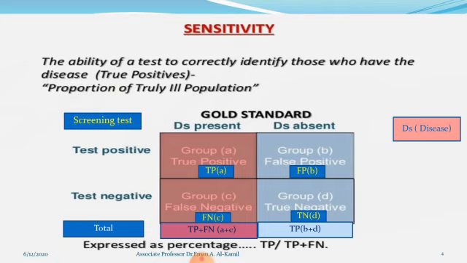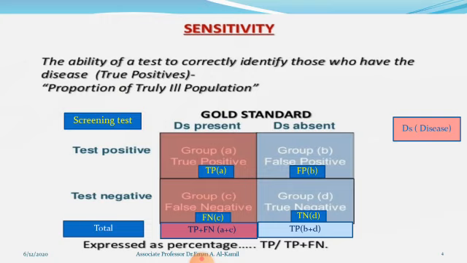So the A is called a true positive because they are positive by both, and D, they are true negative because they are negative by both tests, while the B, they are called the false positive because according to the standard test they are negative or have no disease, but they are positive by the screening test.